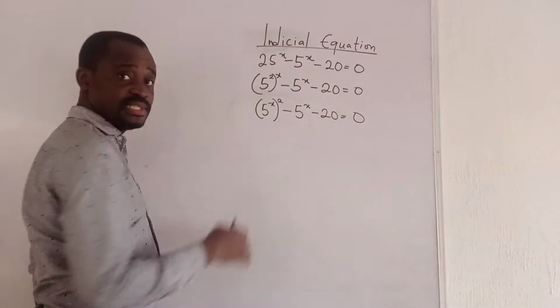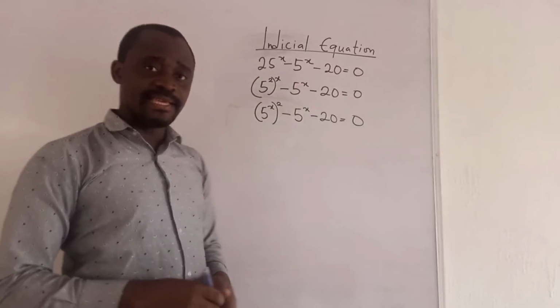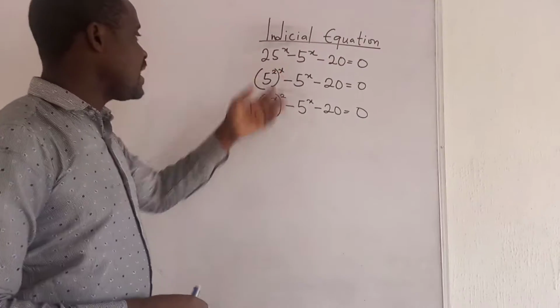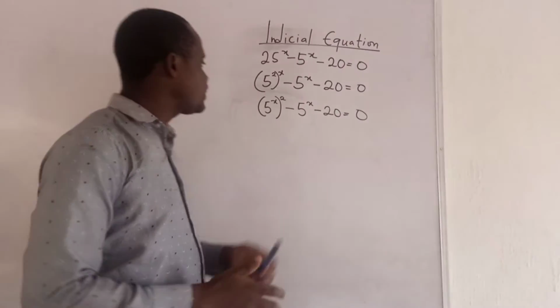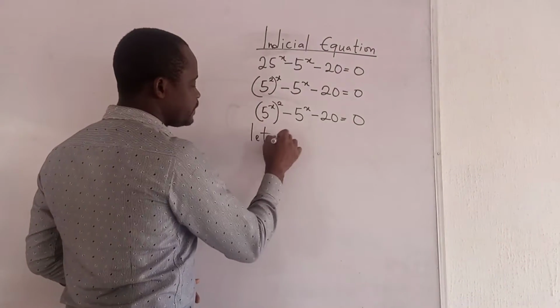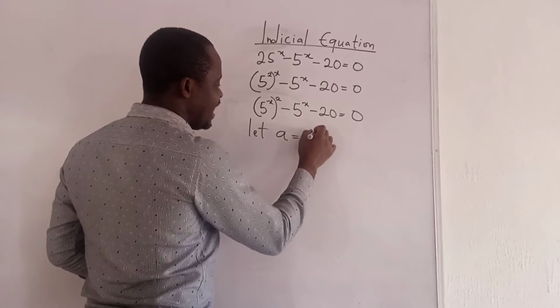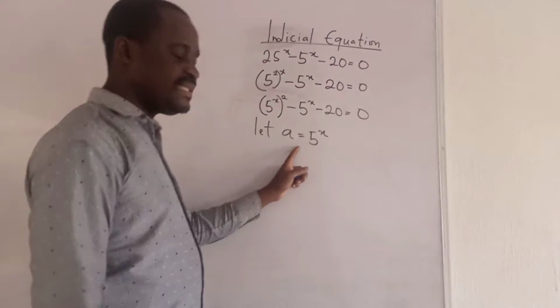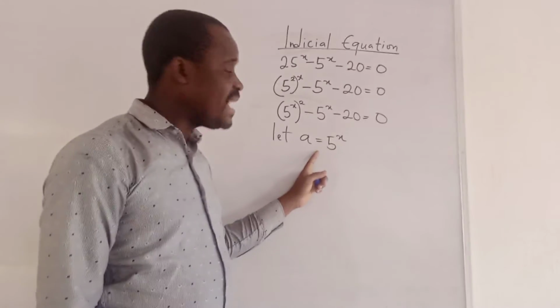I just interchange it. You know, there's a law which states, like a power law in indices, that this kind of situation can come into it. After this, what do I do? I will say let A equals 5^x. I will say let A equals what? 5^x.